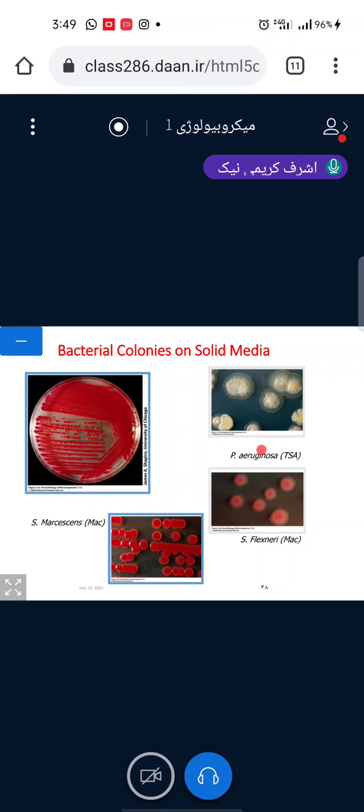Pseudomonas aeruginosa on TSA, trypticase soy agar. Shigella flexneri in MacConkey and Serratia marcescens, for example, in nutrient agar, in Mueller-Hinton agar with red pigment.